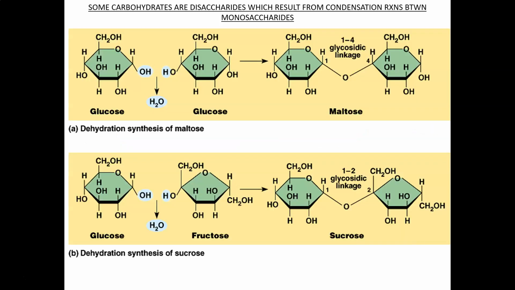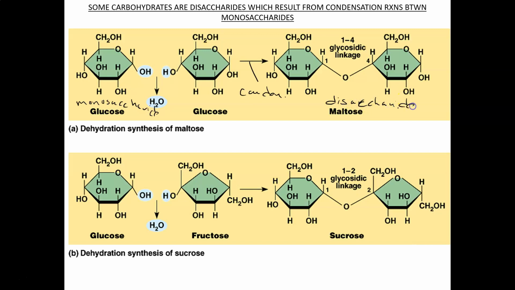This happens in carbohydrates as well, and the monomers of carbohydrates are things like glucose, which is a monosaccharide, or a single sugar. And if you take something like glucose and you bond it to another glucose that they're showing you here, so this would be a condensation reaction, you end up getting a disaccharide such as maltose.